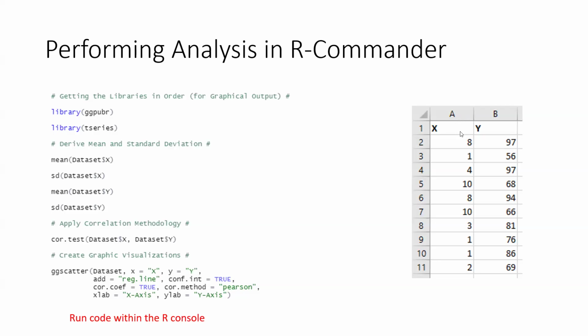In any event, our dataset has two variables, X and Y. Because we left our header equals TRUE, that informed R when we were importing our data that this row here, X and Y, is the name of our variables in our dataset.